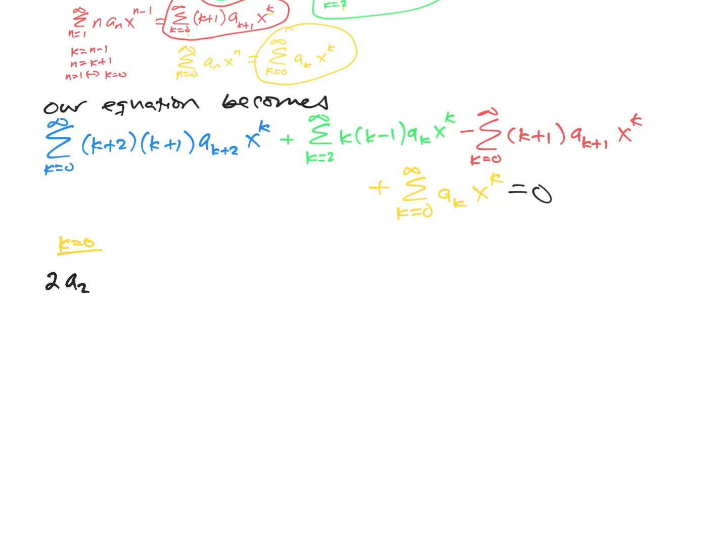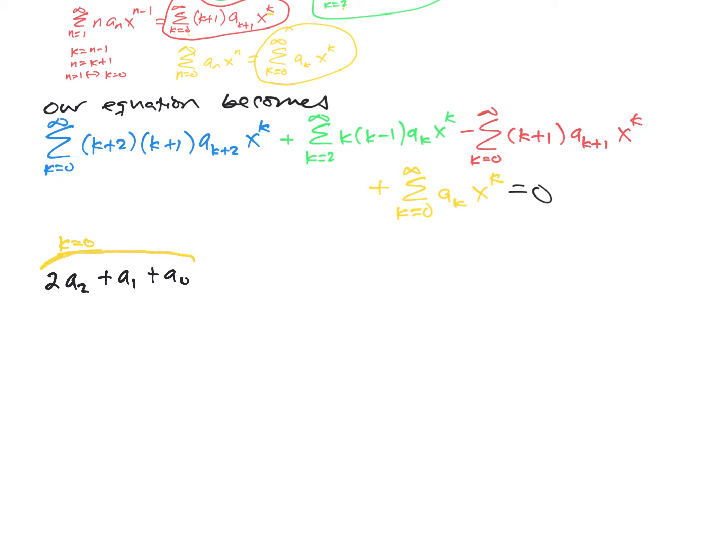We don't get anything from the green term. When we plug into the red term, k equals 0, we get 1 times a1, so plus a1. And then in the yellow term, we plug in k equals 0 and we get a0, so plus a0. So that's k equals 0 is all of that stuff right there.